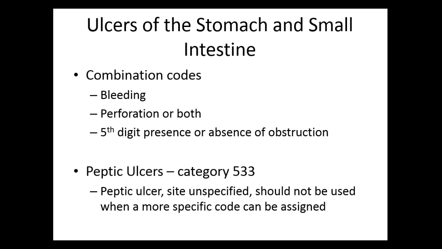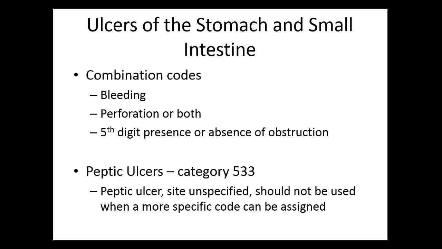For ulcers of the stomach and small intestines, there are combination codes for gastric, gastroduodenal, and duodenal ulcers that indicate whether there is associated bleeding, associated perforation, or both.